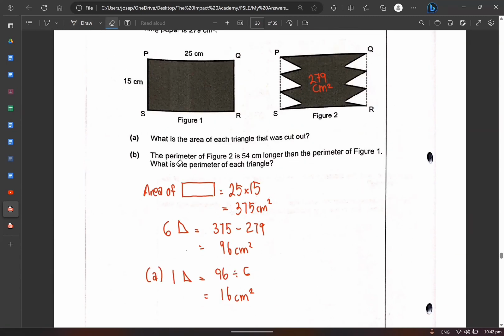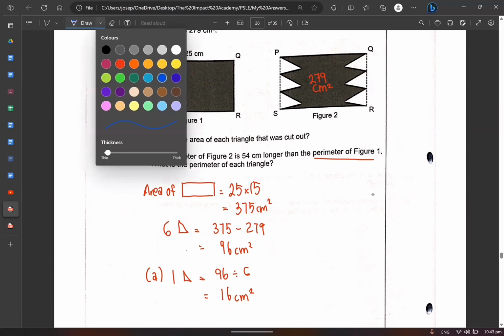So for part B, they say that the perimeter of figure number 2 is 54 cm longer than the perimeter of figure number 1. So we are not able to find out figure number 2 until we know figure number 1. So we are going to find out figure number 1 first.